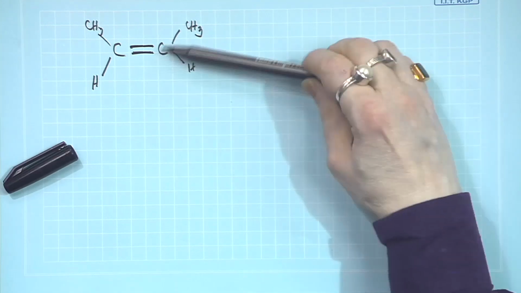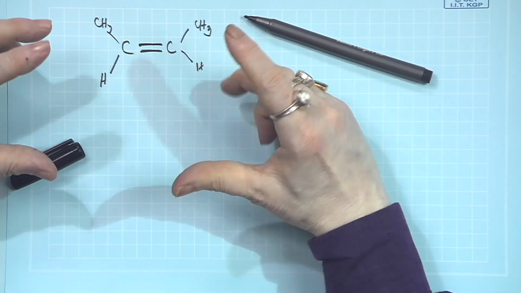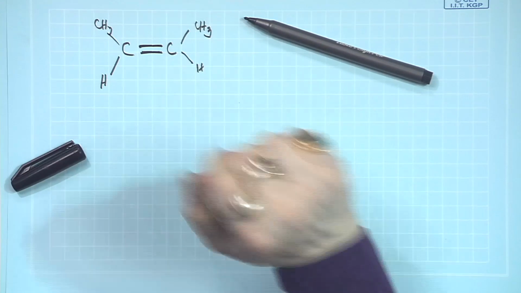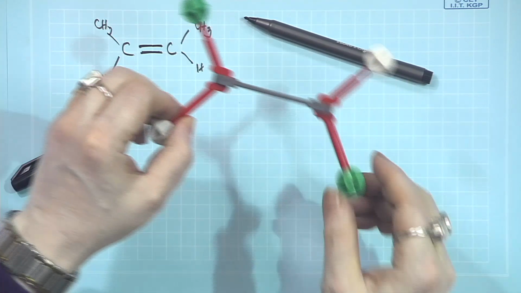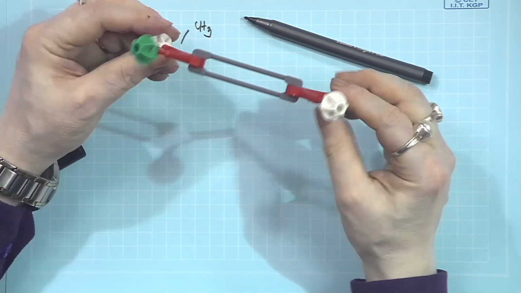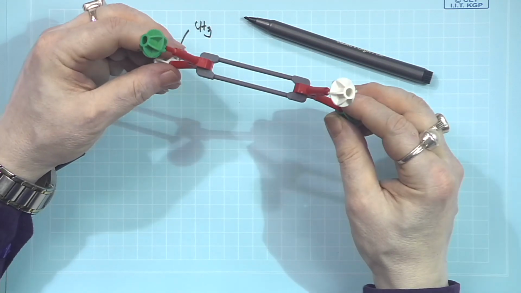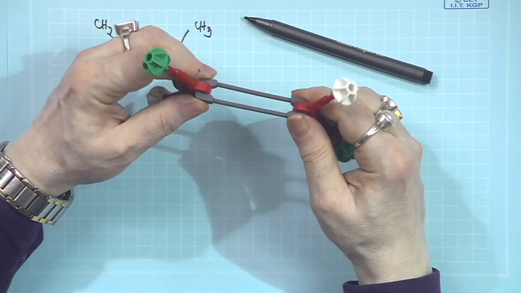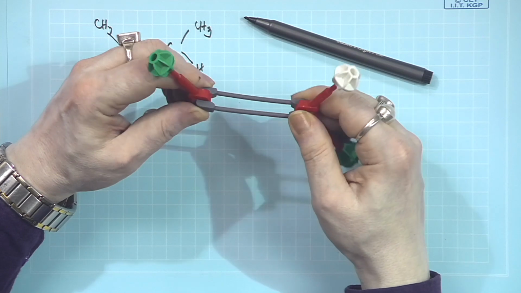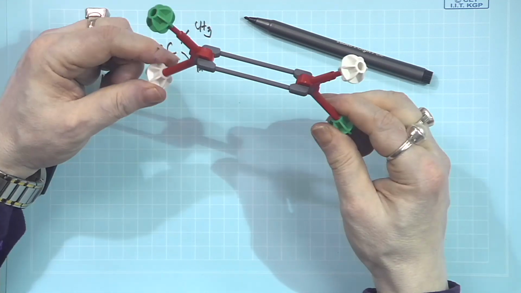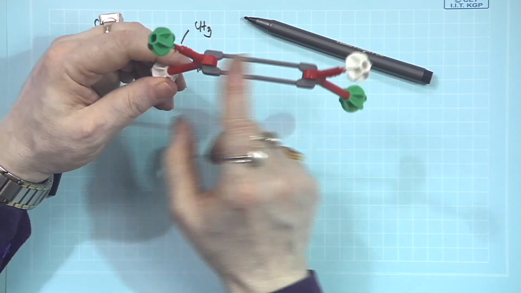This carbon carbon bond you cannot rotate, because the moment you try to rotate, the double bond will break. I can show you here. See, this is the double bond, you can see. The moment I try to rotate, the bond will break. So, this is called a rigid system, there is no rotation between this carbon carbon bond.